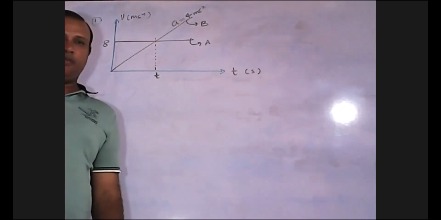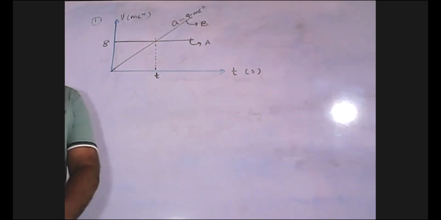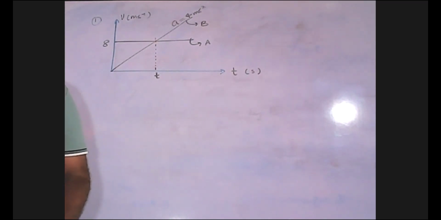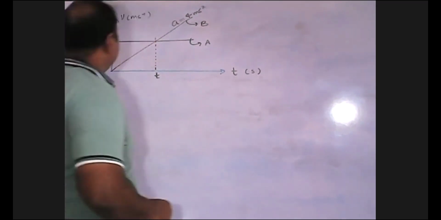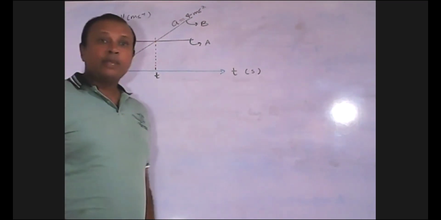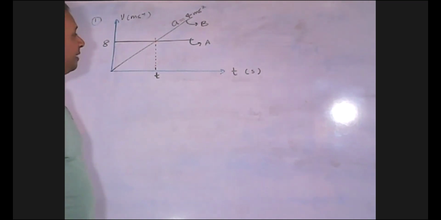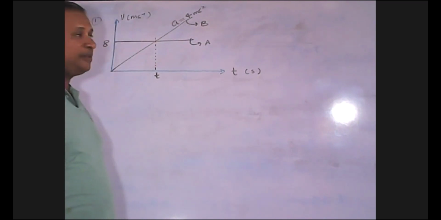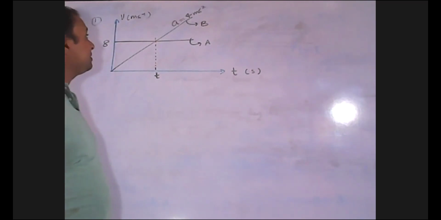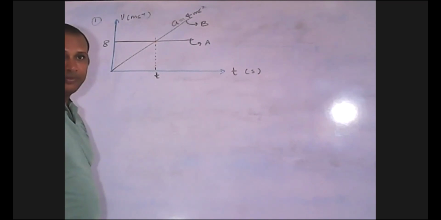So what are the answers for question number 1? Okay, there are two cars, A and B. The car A has a constant speed of 8 ms minus 1, and car B starts from rest and has an acceleration of 4 ms minus 2.